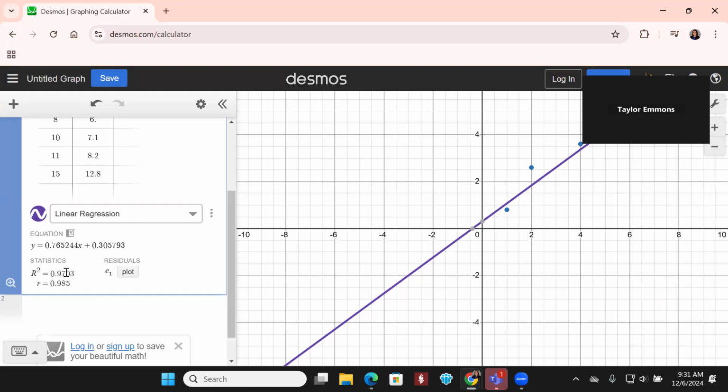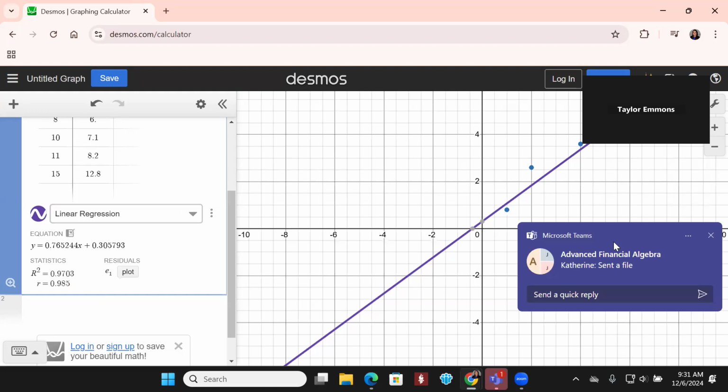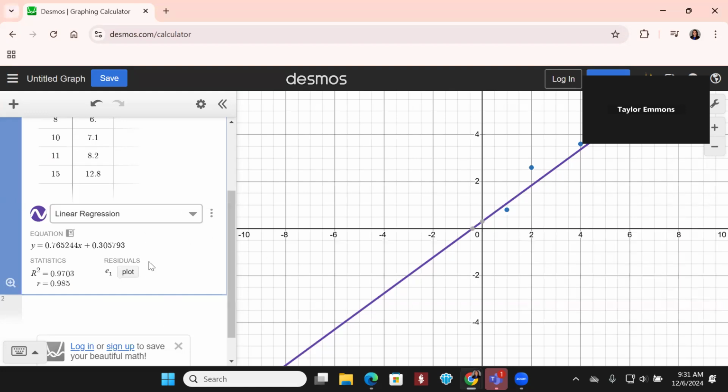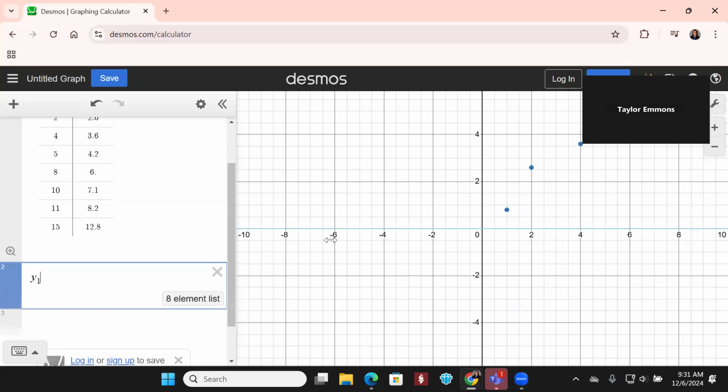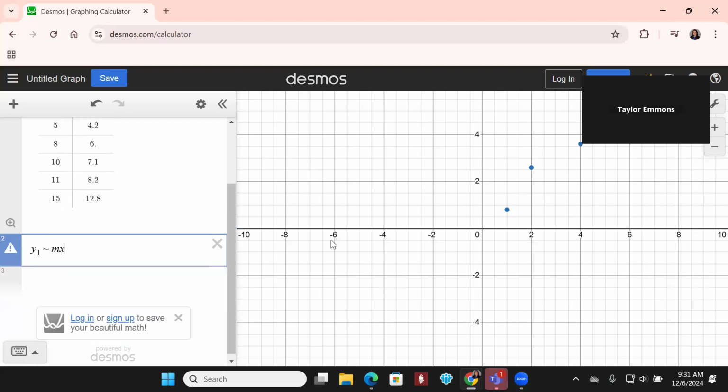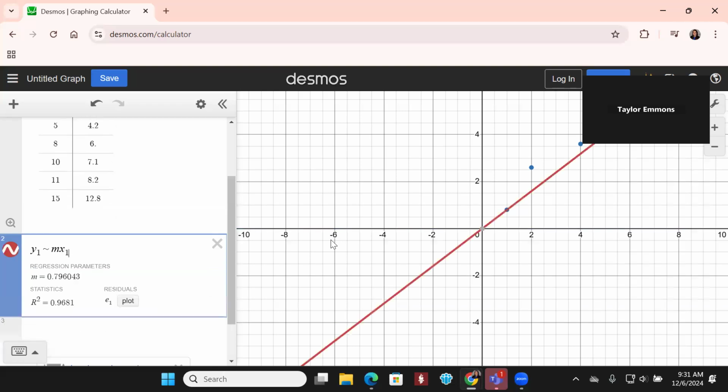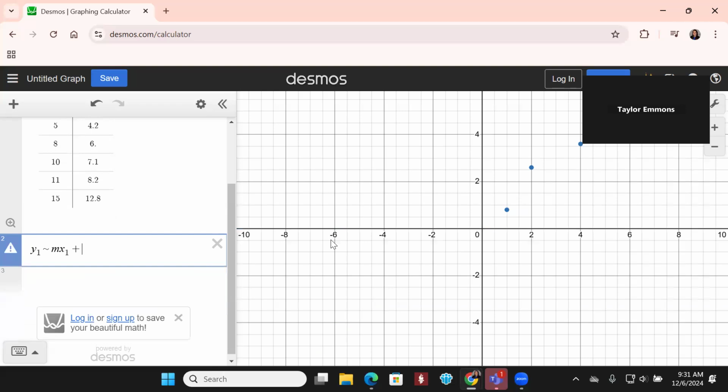Let's say this is not an option on your Desmos, because some Desmos features are different for each graphing calculator. If for some reason you don't have this little button on the side, you can write y1 ~ mx1 + b.